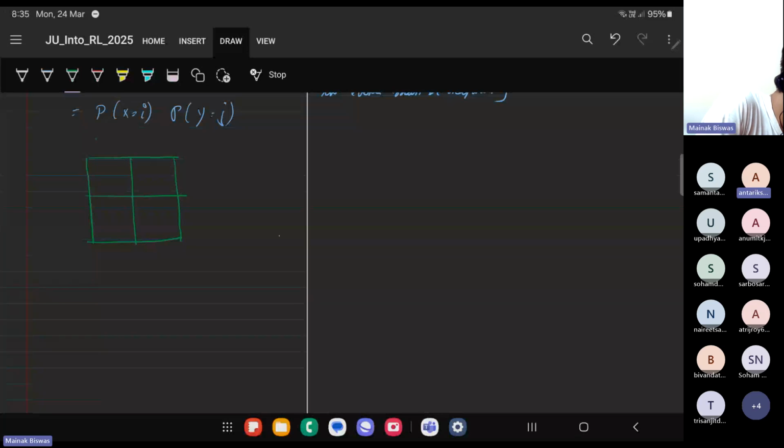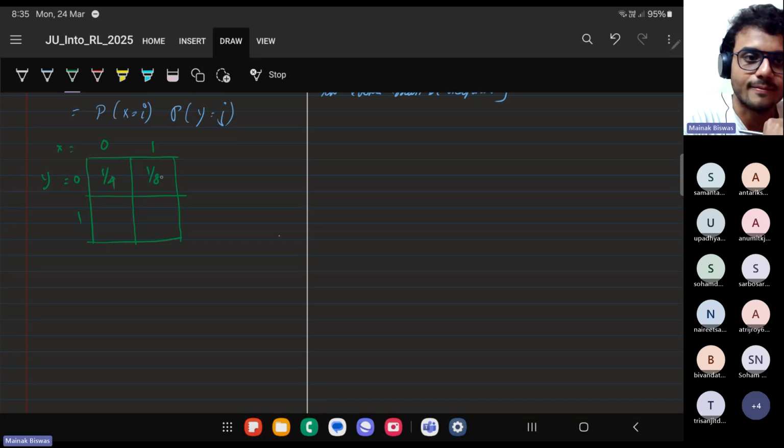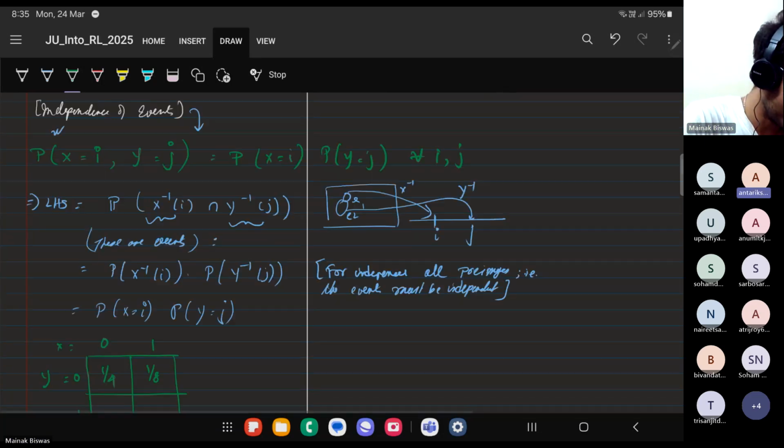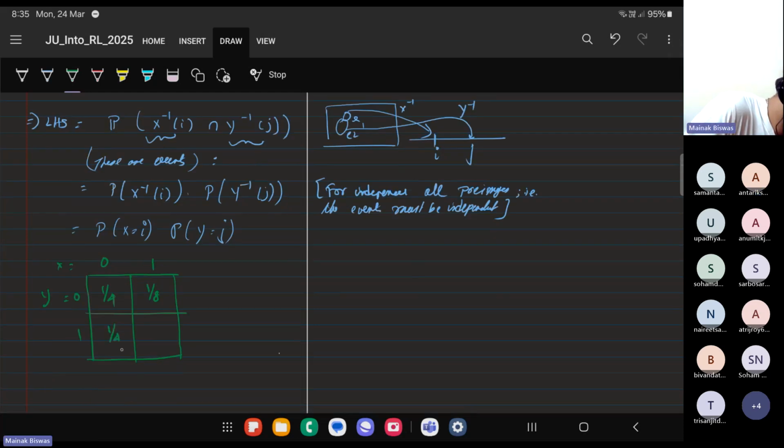It'll be easy for me. So X values 0 and 1, and Y equal to 0 and 1: 1 by 4, 1 by 8, and again 1 by 4 and 3 by 8.